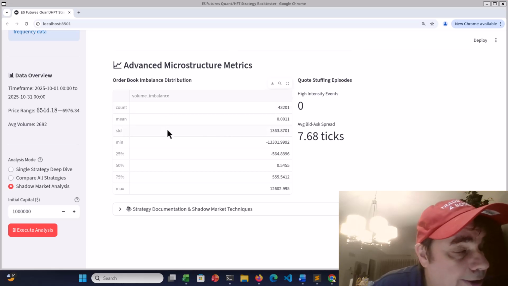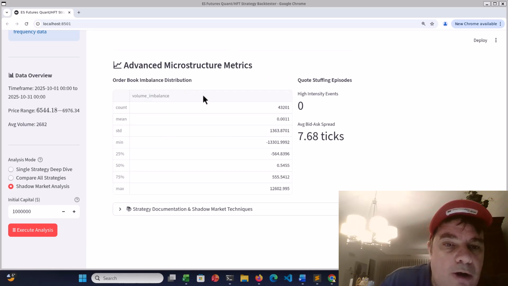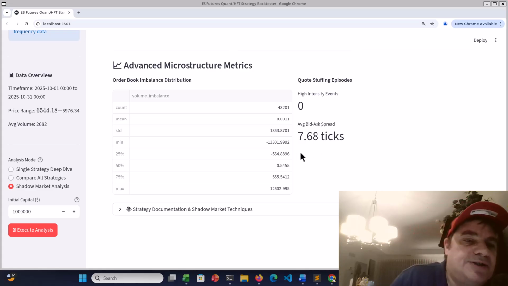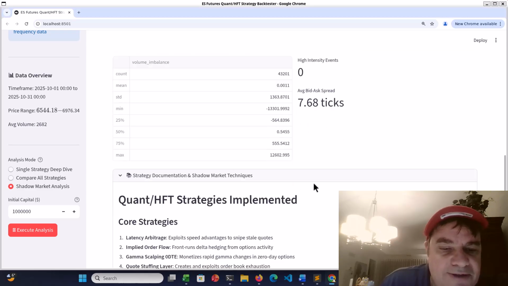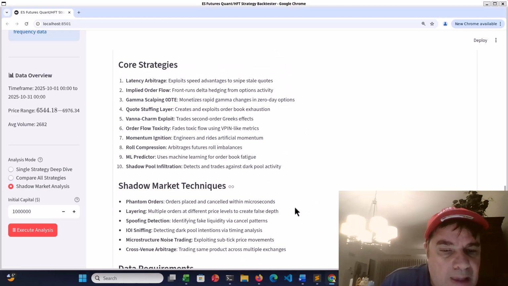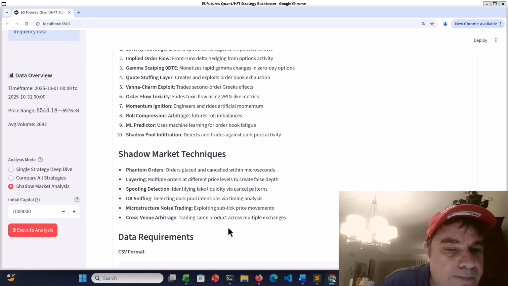Again, I don't know what's hallucinated or not. Order balance distribution, statistical, quote stuffing, average bid ask spread, 7.68 ticks. And these are the different shadow market techniques we're looking at.